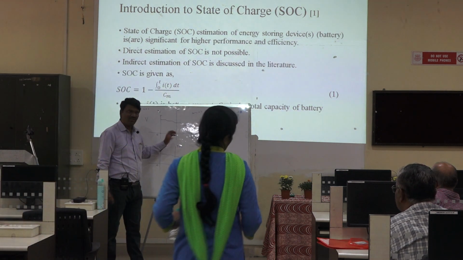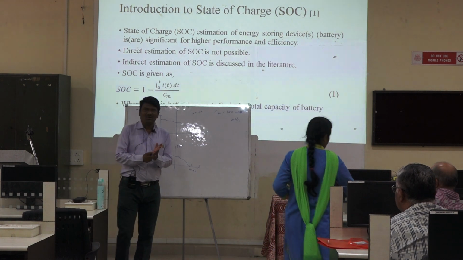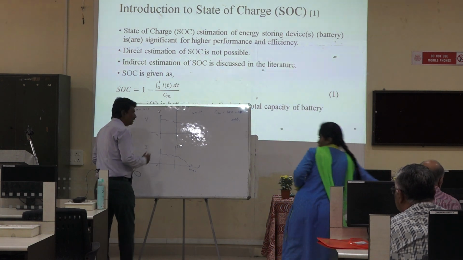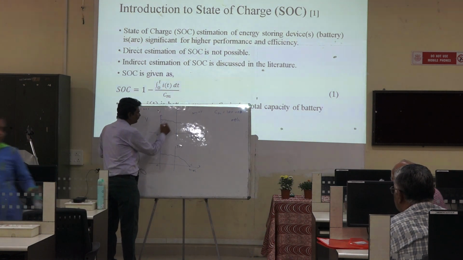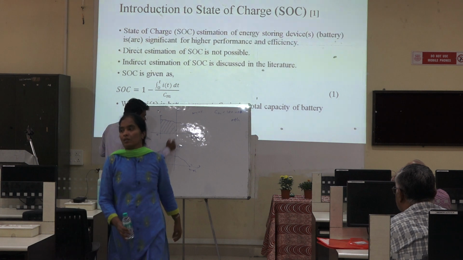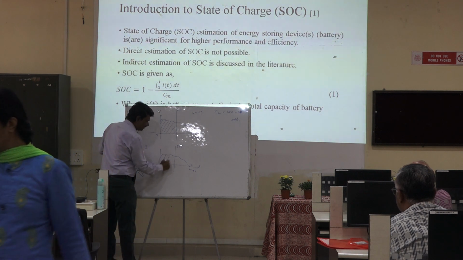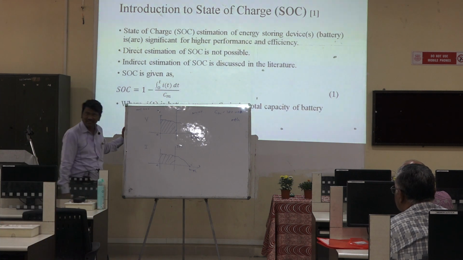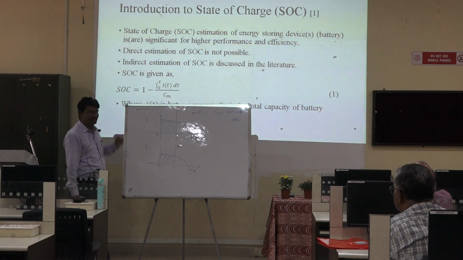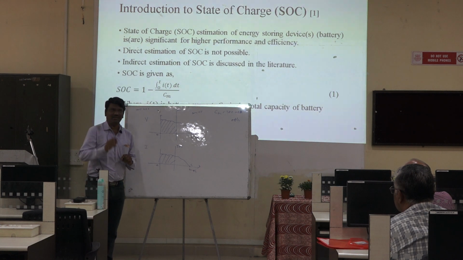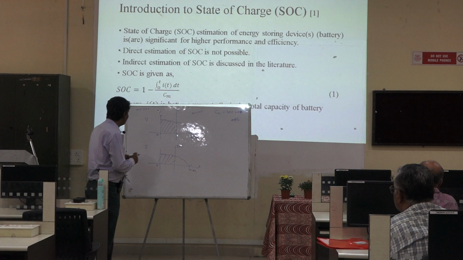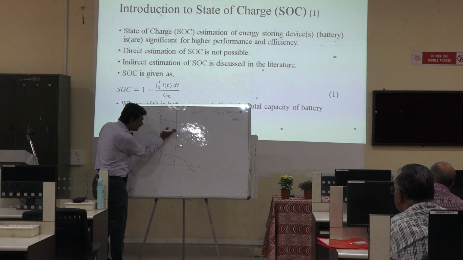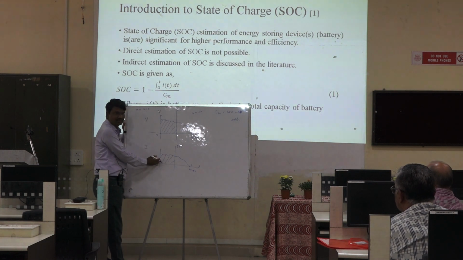But it does not lie in the middle of OC, because remember, when I drive the electrical vehicle, I utilize this path. Already I have utilized it. You can see the equation: it is the integration of I dt divided by Cm. It means SOC estimation is related to the area under the current.